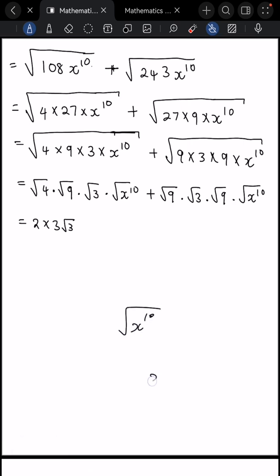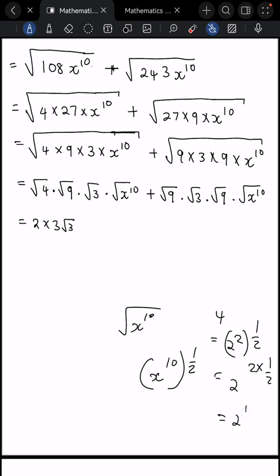The square root of anything is simply that thing raised to the power of 1 over 2. The square root of 4 is simply 2 squared, raised to 1 over 2, which is equal to 2 times 1 over 2, which is 1. Anything raised to the power 1 is just that thing.